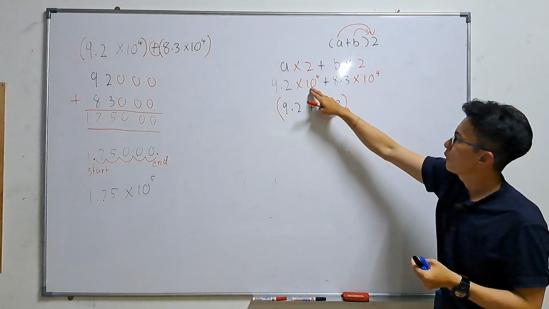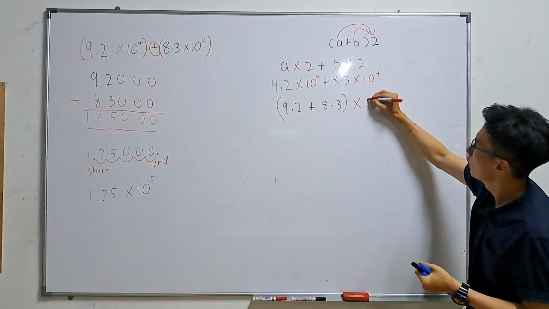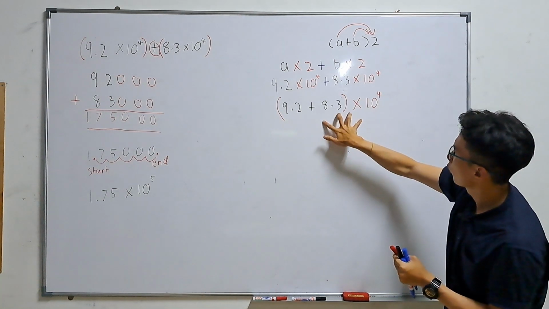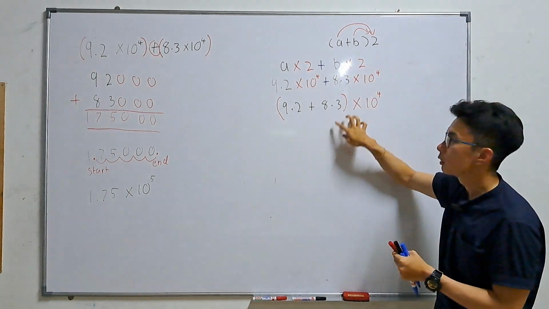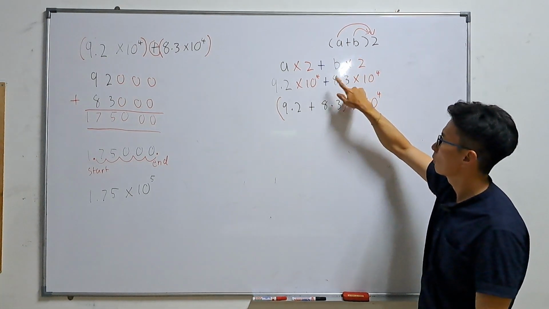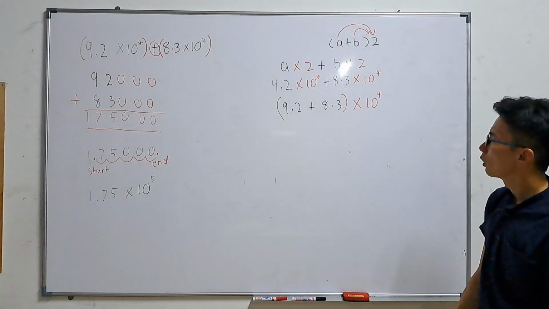Now, since I already factorized this out, I can rewrite this as multiply 10 to the power of 4, right? So take a look at this form. It looks similar, right? So a rule of thumb is, if I am multiplying the same number over here, you can factorize it out, all right?